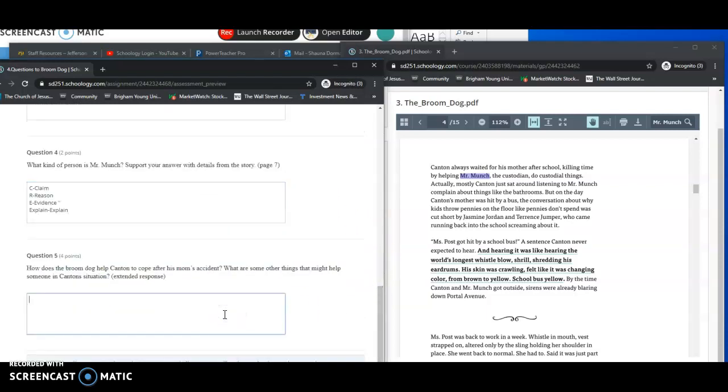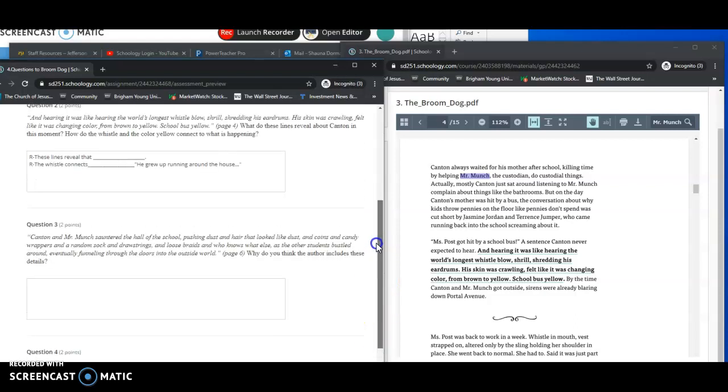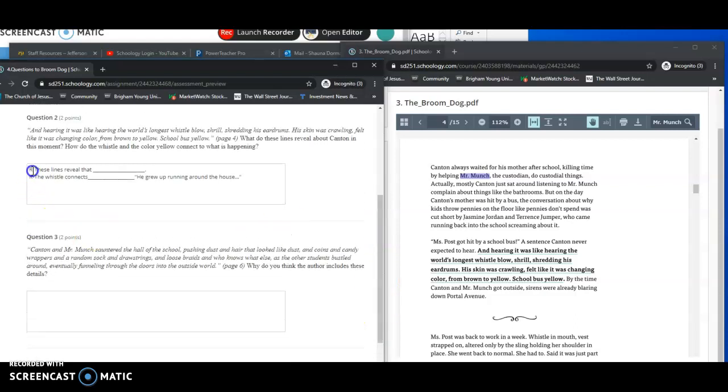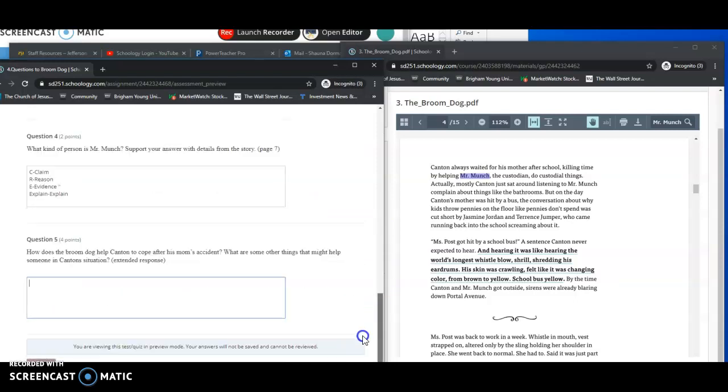And guess what? Number 5, it has 3 questions. Whoa. But you're going to do the same thing that I showed you in question number 2. You're going to do the RA, RA, RA 3 different times, and then you're going to prove it. Okay? So you're going to do R. You're going to reuse words from that first question, then answer it.